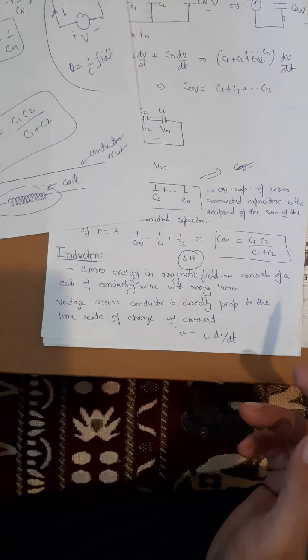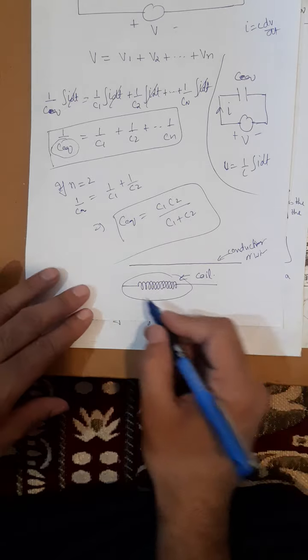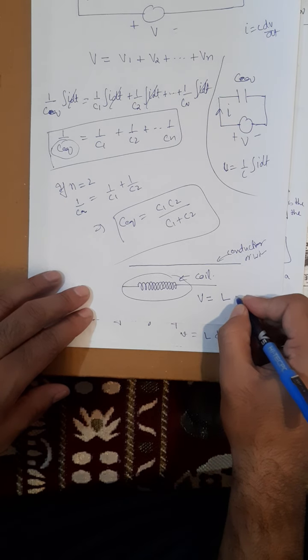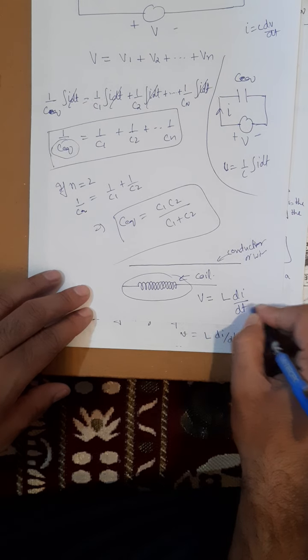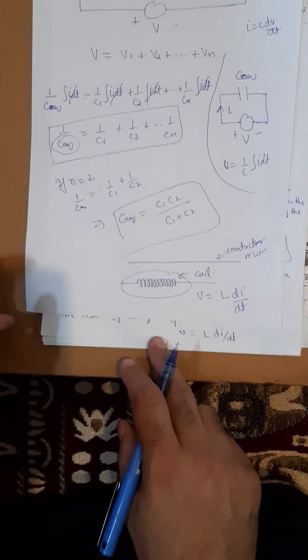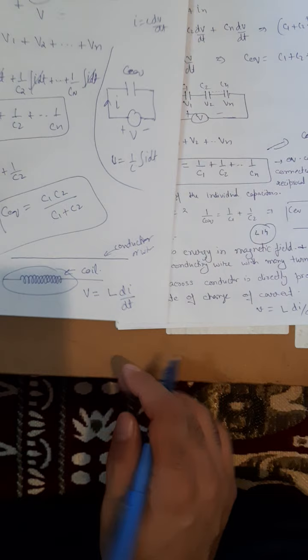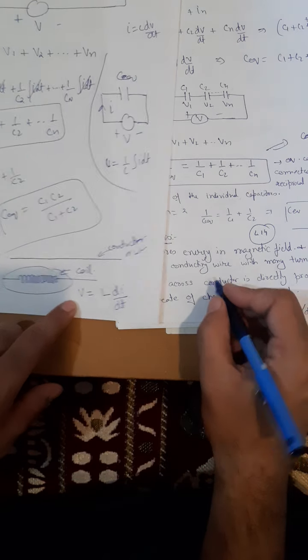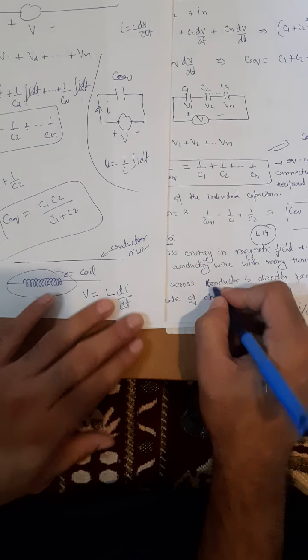Now the voltage across the inductor is given by the relation V = L di/dt.